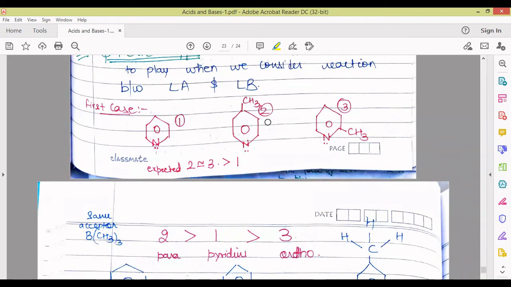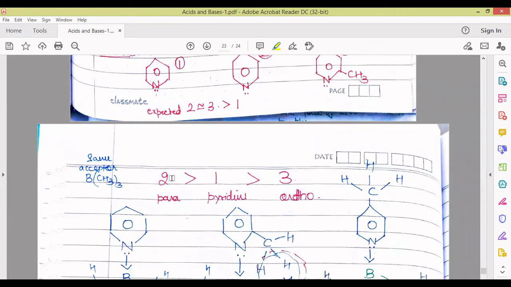So considering the electron donating tendency, the plus I effect on the bases, we will say that the expected order of Lewis base character is going to be that the second and third are going to behave the same as the group is present, and pyridine is going to be least. But it is not. The actual order is that para has the maximum basic strength, then comes pyridine, and ortho has the least basic strength.